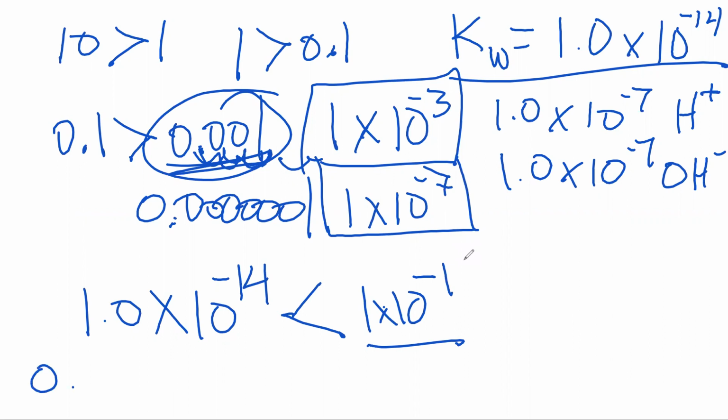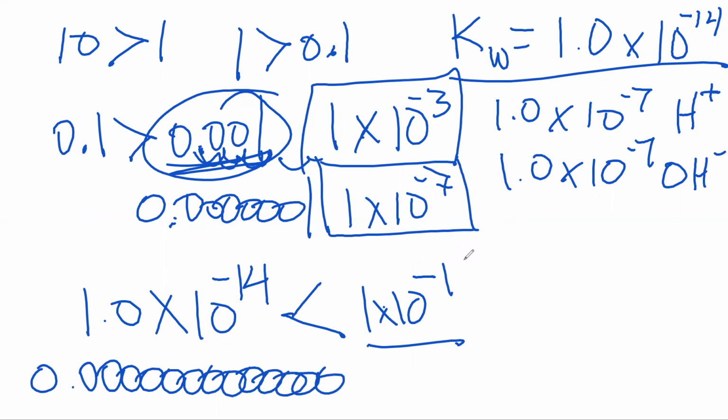This number would be 1, 2, 3, 4, 5, 6, 7, 8, 9, 10, 11, 12, 13, 14, and that's much smaller than 1. Actually, it wouldn't even be that. I'm sorry. Let me undo that real quick. I messed up. It would be 0.1. Okay, so this is a much bigger number.